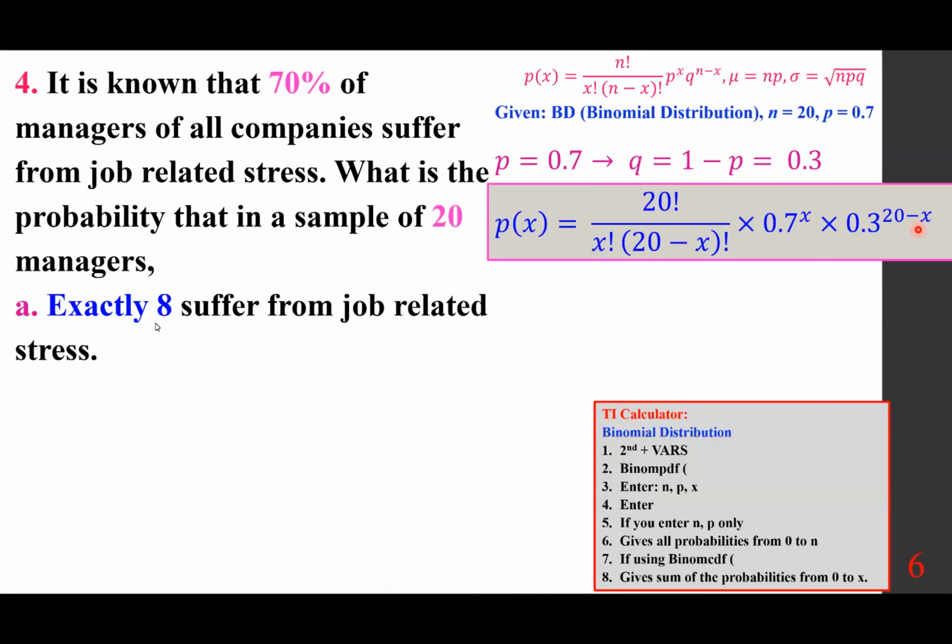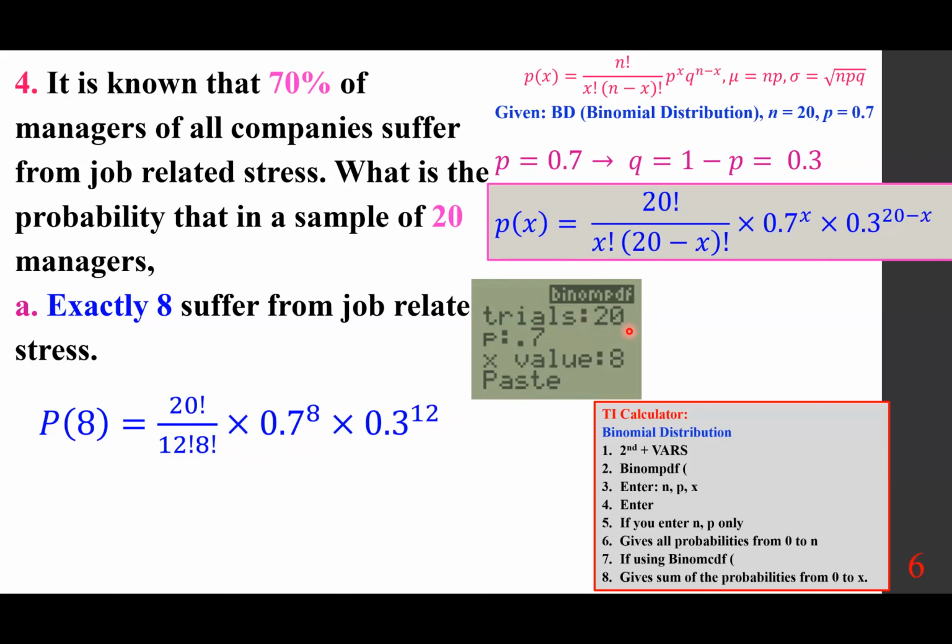What are we interested in? The probability of x equals 8. If we were to do it by hand, we would write 20 factorial over 12 factorial times 8 factorial, 0.7 to the power of 8, 0.3 to the power of 12. And we do the math, and we come up with the answer.